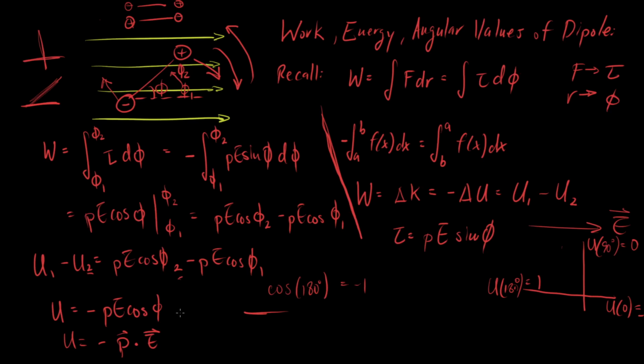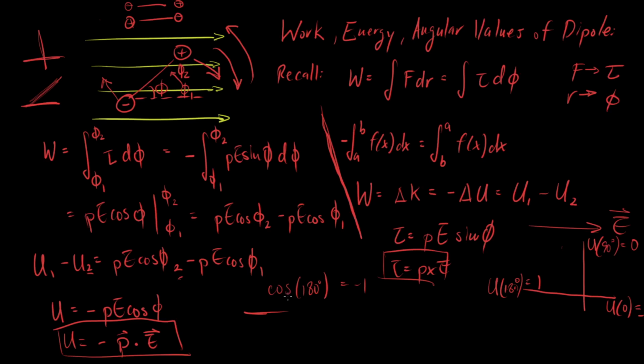And so these are all helpful formulas. It will just depend on the problem at hand which you will need to use. So torque is equal to P cross E, right? And that's one formula. And then potential energy is equal to negative P dotted with E.